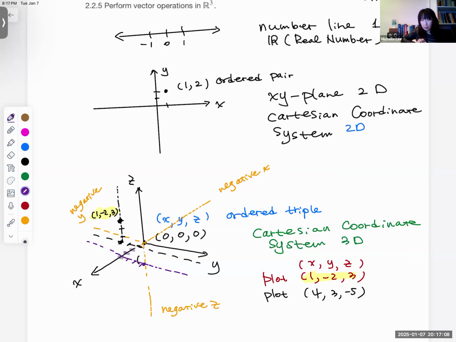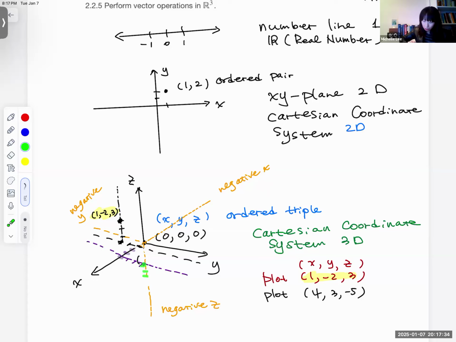This is for y. And then negative 5. Luckily we have a z-axis. It's a little bit off, but the scale is not that accurate, right? So negative 5. You guys okay with this? From here, that is 4, 3, and we want to plot negative 5.